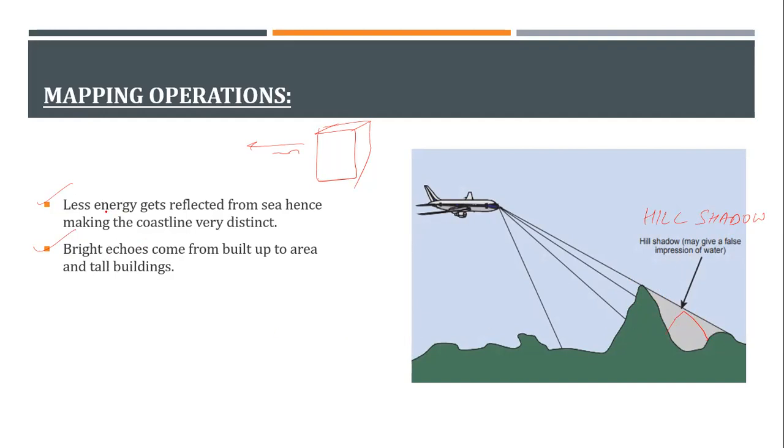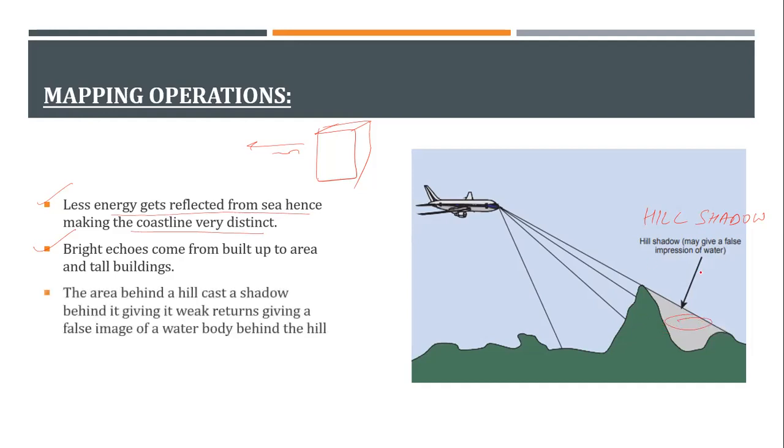Why? We just understood that fewer returns come from water bodies. So pilots will think there is a water body or a lake present here. This is known as hill shadow. The area behind a hill casts a shadow, giving weak returns and a false image of a water body.